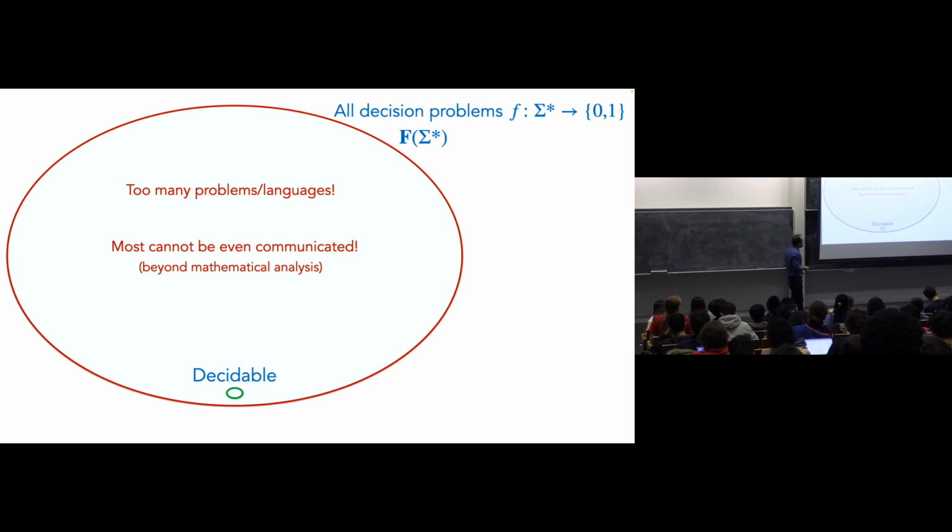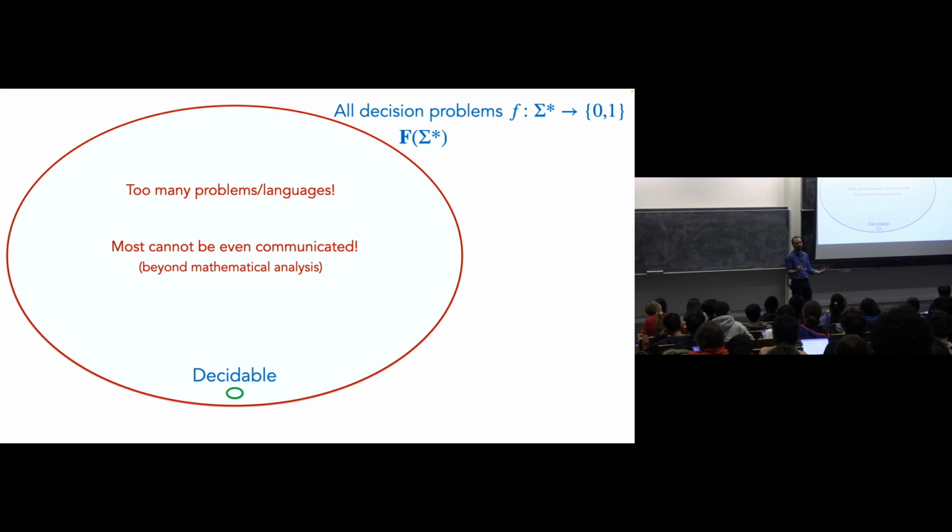But here's an observation that you might not have thought about: most of these decision problems, or most of these languages, cannot even be communicated among each other. So these are even beyond our mathematical analysis.